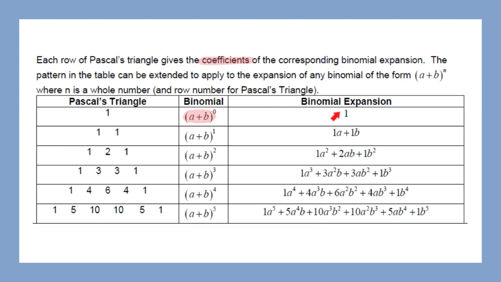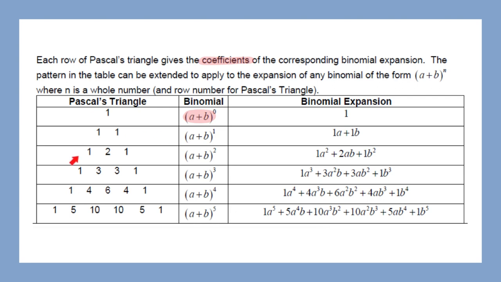Anything to the 0 is 1 except 0, okay? Then we have the next row, 1. It's the same binomial. A and b just represent any two things. It could be x plus 1, like a could be x. A could be a coefficient times x or some variable. B could be a constant, another variable. They're stand-ins for now.